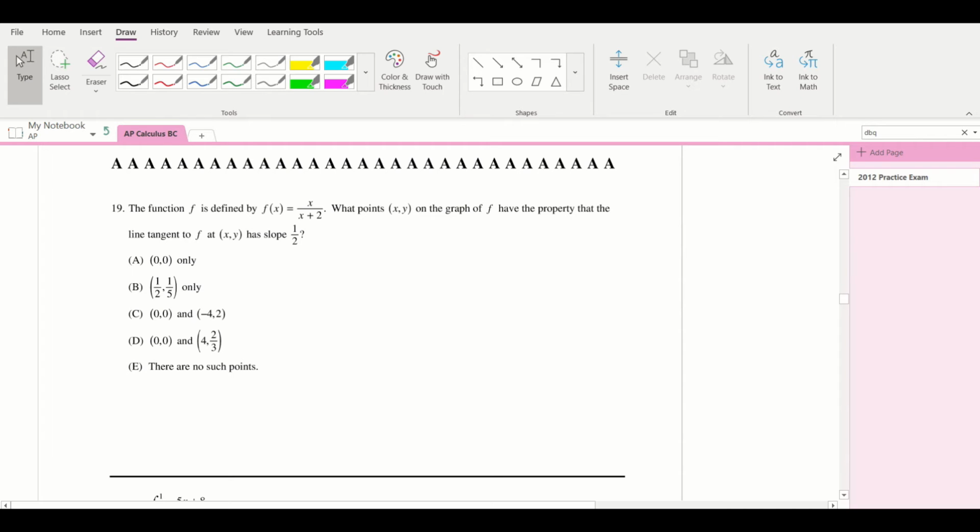Alright, so you just want f prime x equals 1/2, right? So we can just use the... and we just differentiate it. It's pretty straightforward.